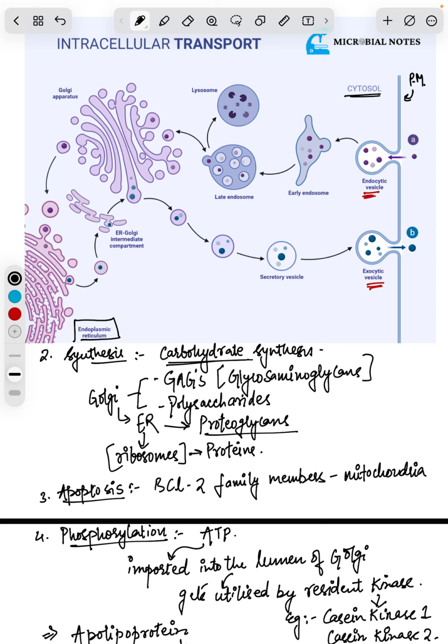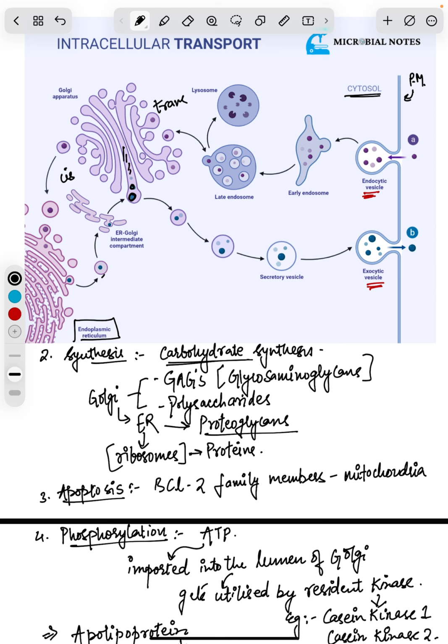This one is the cis phase, this one is the trans phase of Golgi. Vesicles going to the cis phase of the Golgi complex fuse with the membrane and empty the contents into the lumen. Here inside this is the lumen. These molecules inside the lumen are modified and sorted for transport to the next destination.